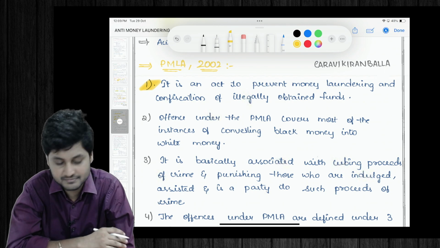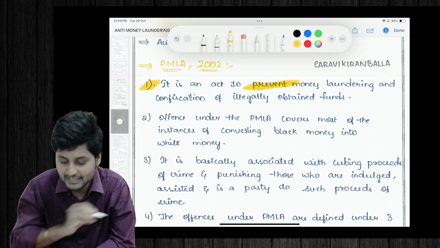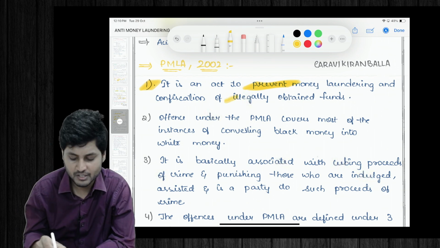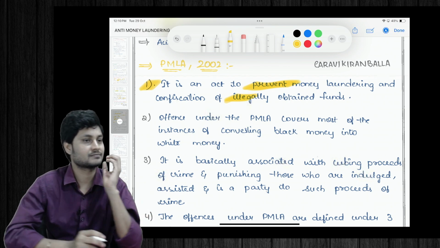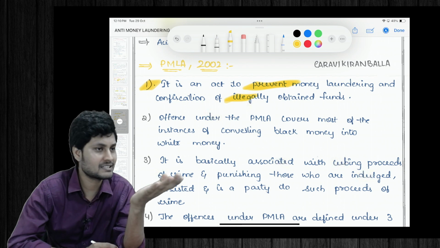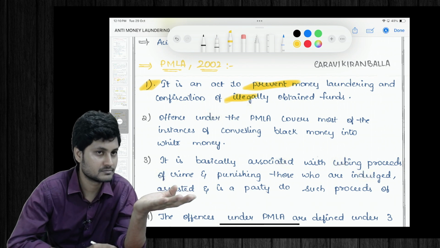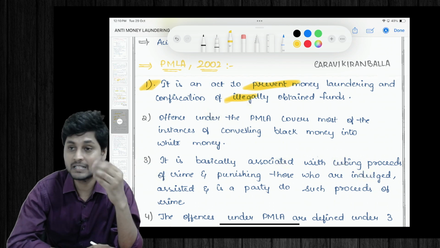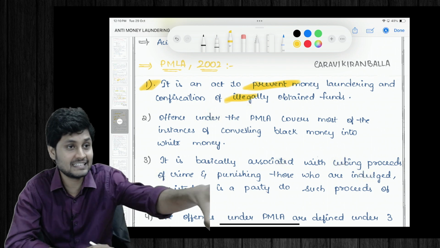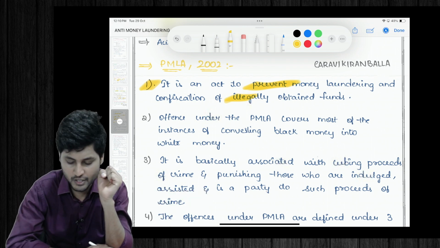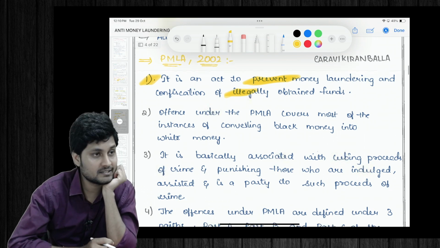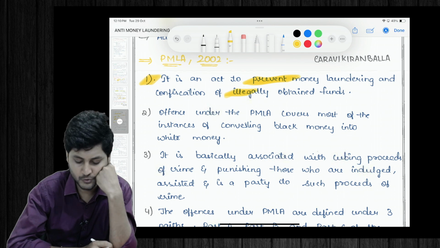What is confiscation? Getting the money back. You obtain some funds by way of crime, and that money may be seized, confiscated, and taken back. Illegally obtained funds. Point number 1 is so easy.